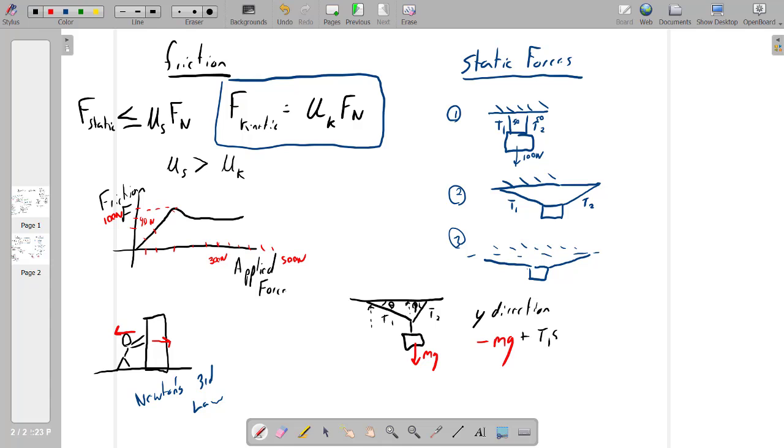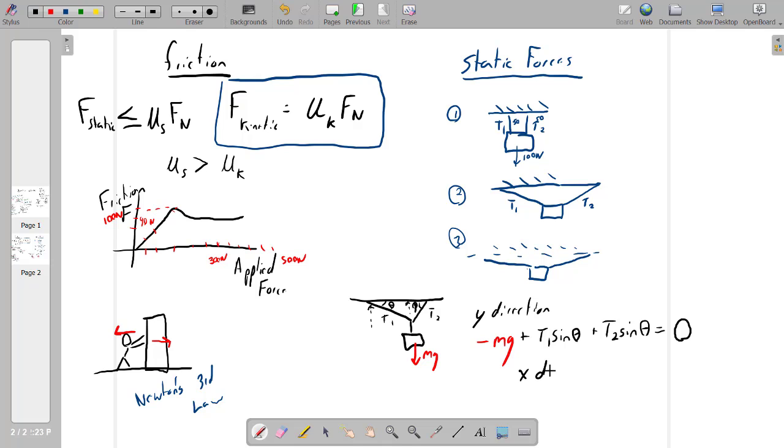So I would have T1 sine of theta plus T2 sine of theta. And it's static. Normally I would do mass times acceleration, but is this thing accelerating? Nope. So I'd have 0. Okay, that's the y direction.